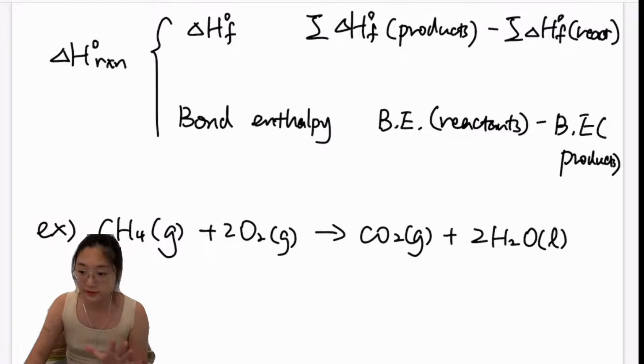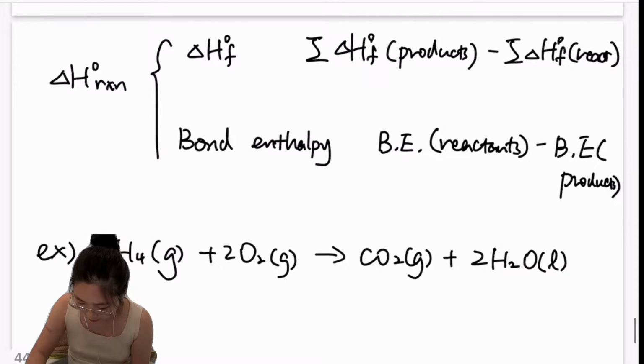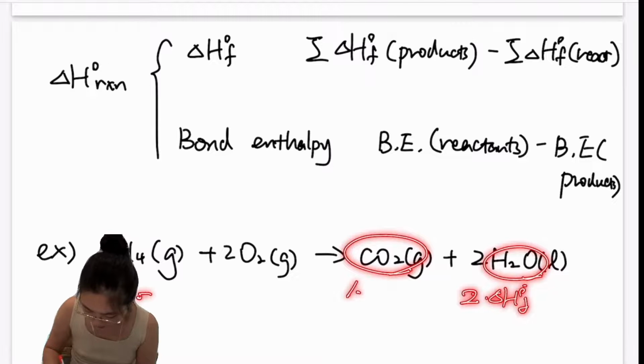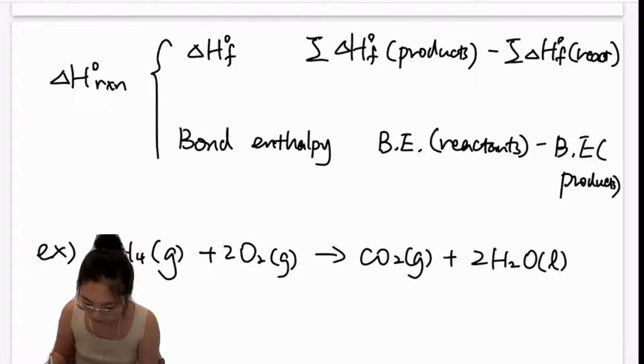Okay, and then for this reaction, if we use enthalpy change of formation, then it's the enthalpy change of formation of 1 carbon dioxide plus 2 times the enthalpy change of formation of the water, minus the enthalpy change of formation of the CH4.